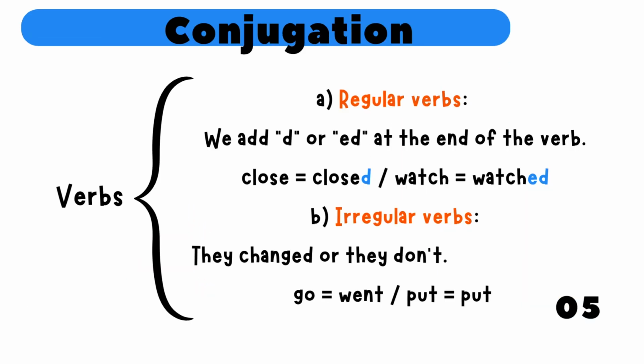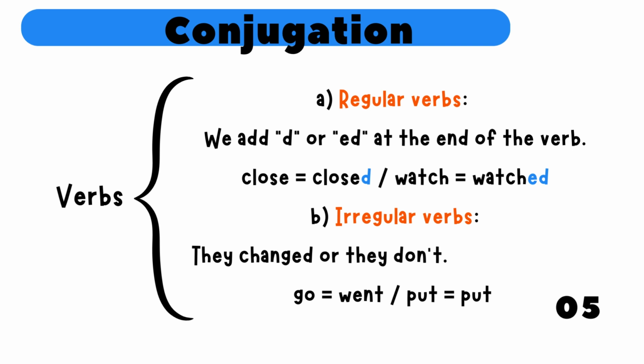Conjugation. Let's remember that the verbs are classified in letter A, regular verbs, and letter B, irregular verbs. For the regular verbs, we add D or ED at the end of the verb. For example, close, closed, watch, watched.